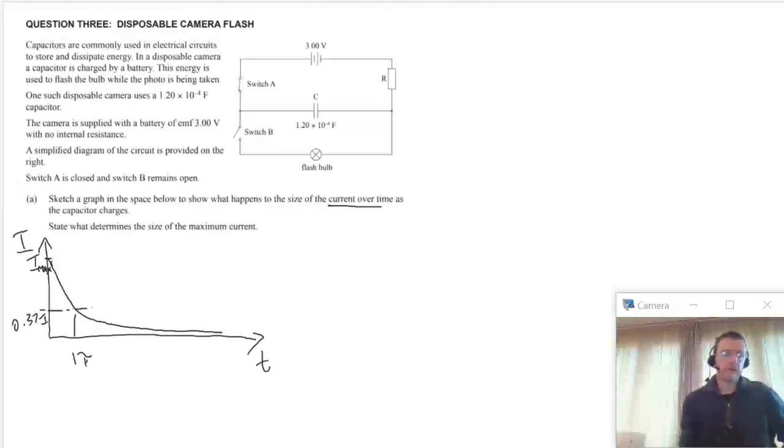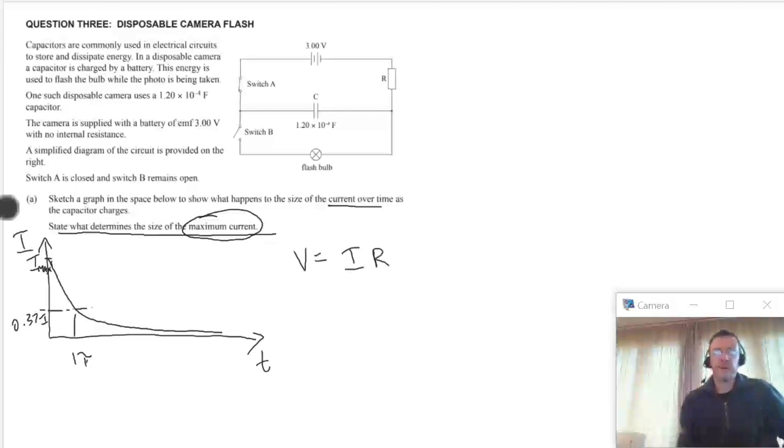Oh no, it's not yet. Sorry, we've got more to go. And we've got more to go. There was the first part, state what determines the size of the maximum current. Well, initially at the outset when the capacitor is not stored, so the maximum current happens at the beginning before the capacitor is charged. V equals IR tells us what happens at that point, because at that point the capacitor has had no impact.